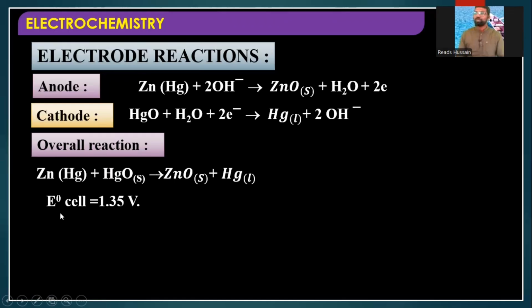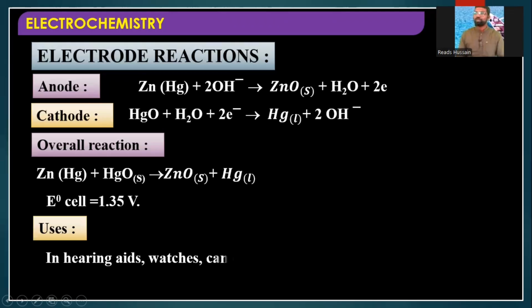But my suggestion is to remember the electrode potential value, that is the voltage of the battery. The mercury cell's voltage is 1.35 volts. Before this we discussed the dry cell or Leclanche cell, whose potential is 1.5 volts. So try to remember these voltages.